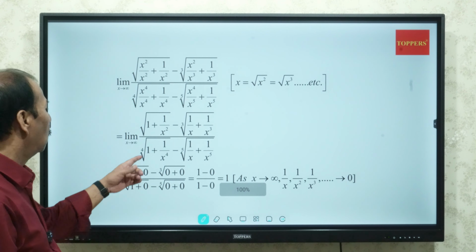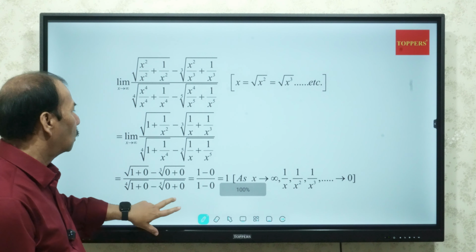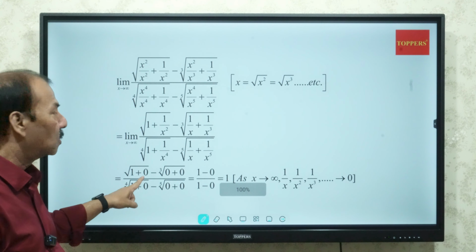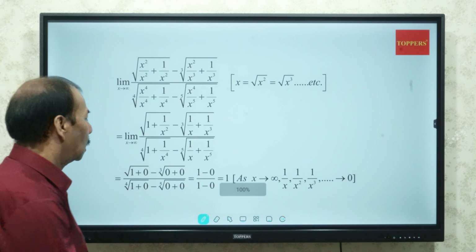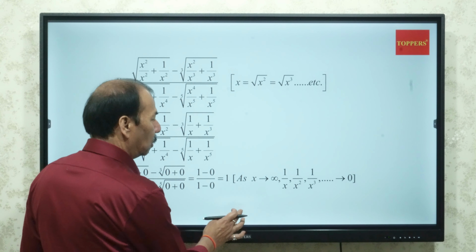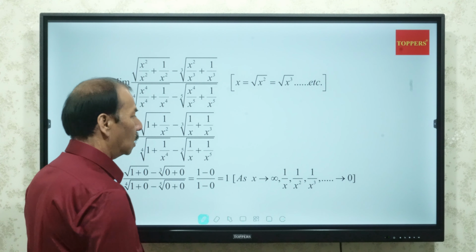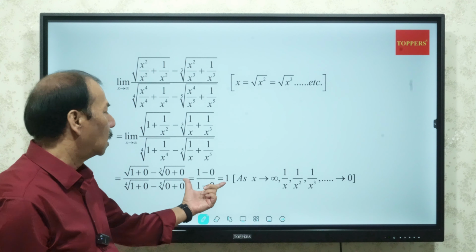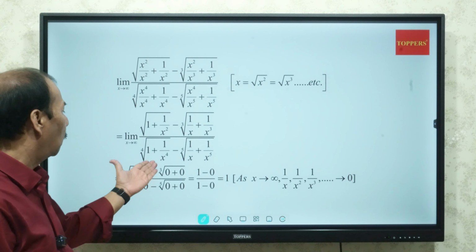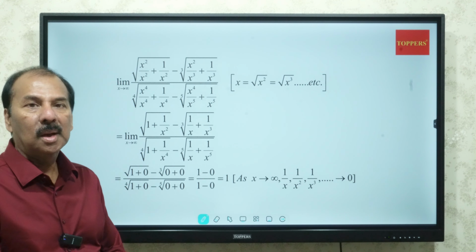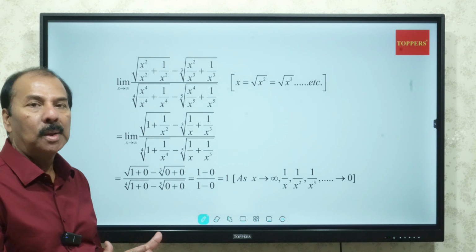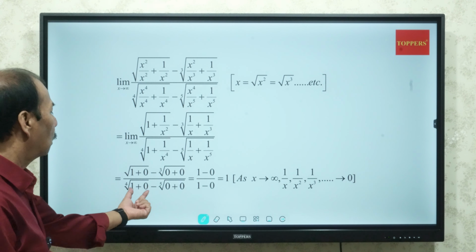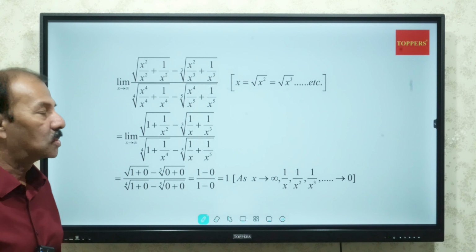So here you can see 1 upon x square, 1 upon x, 1 upon x cube, all this becomes 0 because x tends to infinity, and we will be getting this relation. So finally this is equal to 1. So we can simplify using the concept that when x tends to infinity, 1 upon x or 1 upon x square tends to 0.